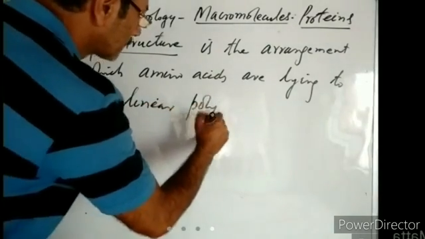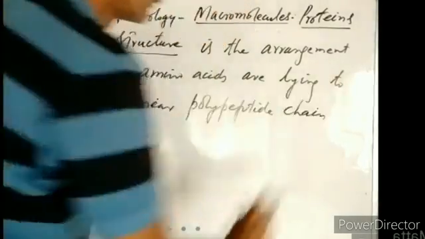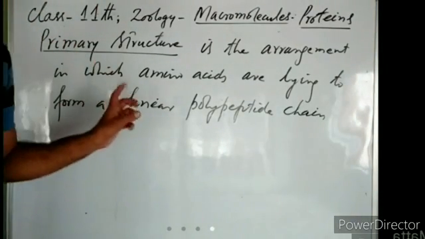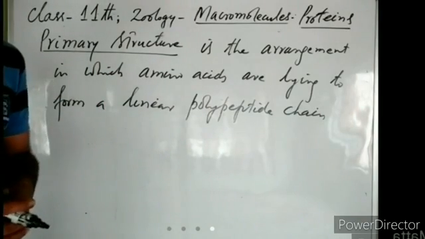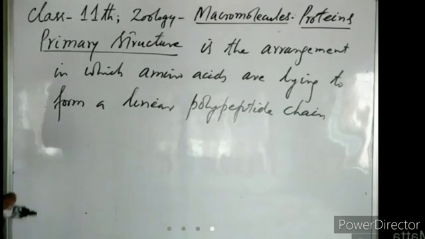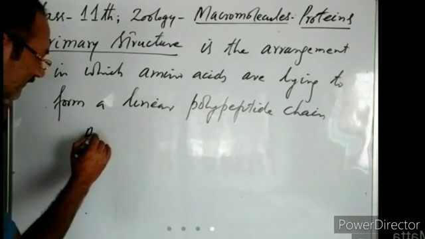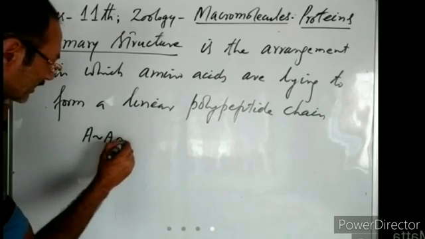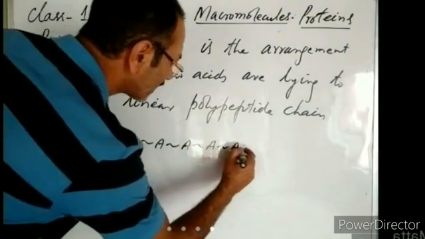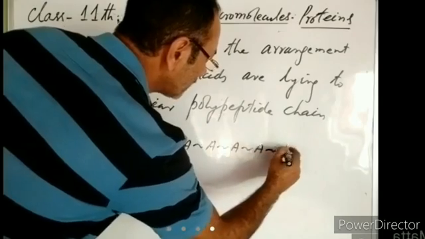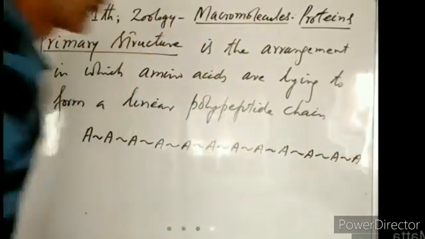In the primary structure, amino acids are arranged in a specific order to form a linear polypeptide chain, right? For example, there is one amino acid, another amino acid, another, and so many amino acids are linked together. When many amino acids get linked together, they form a polypeptide chain.